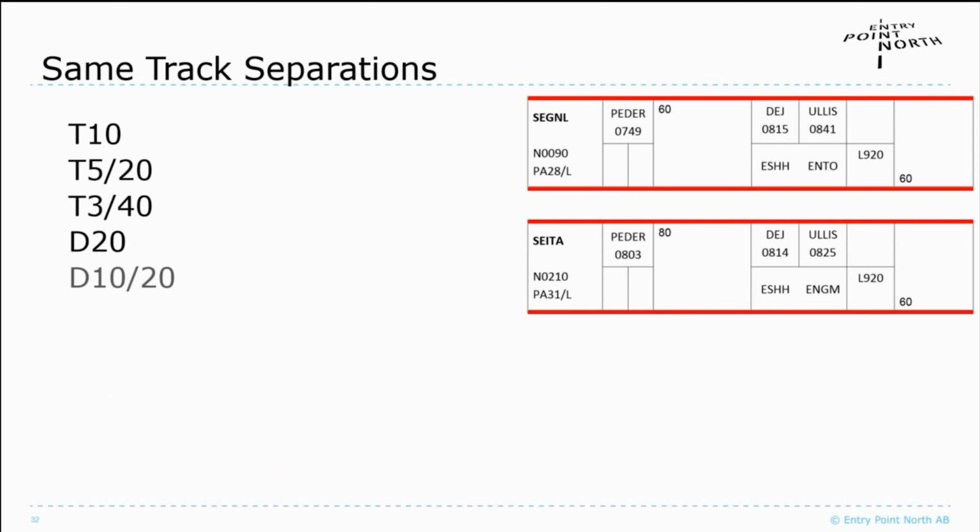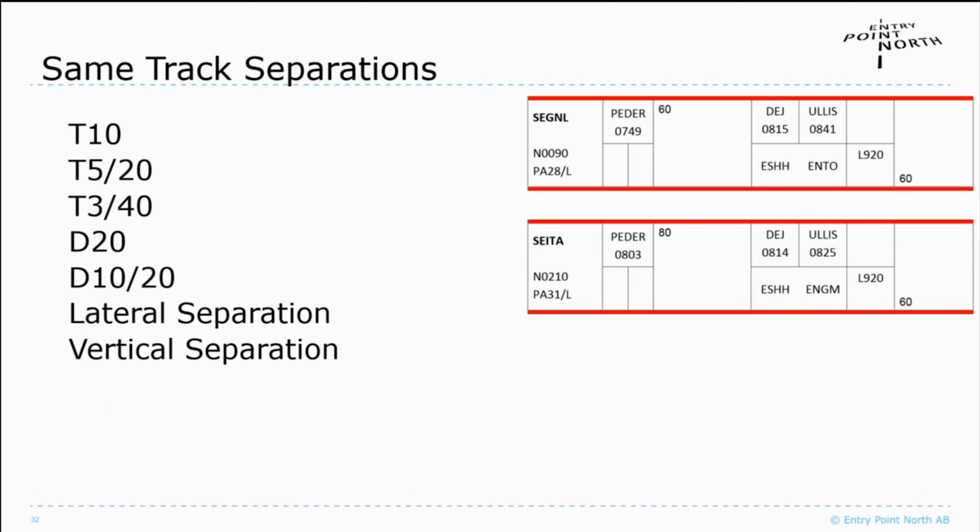So we have 10 minutes, but if Sierra Tango Alpha is in front, because it is a faster aircraft, we also have the option of using 5-minute 20-knot separation and even 3-minute 40-knot separation. If we're using the distance separations, we can use 20 nautical miles, but again, if Sierra Tango Alpha is in front, we know that it is 20 knots or more faster, so we can use 10 nautical mile 20-knot separation.